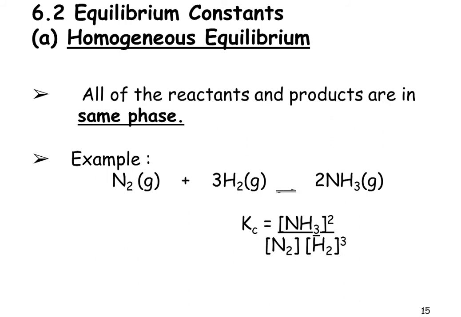In this reaction, all the components are in the gas phase. So the system is a homogeneous equilibrium. The equilibrium constant Kc can be written as the concentration of product over the concentration of reactant, raised to the power of its coefficient.